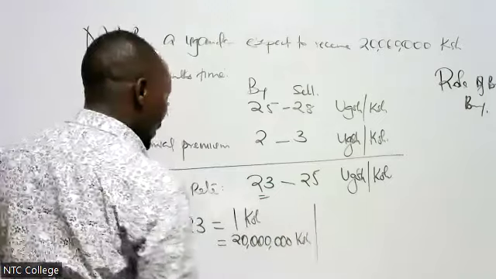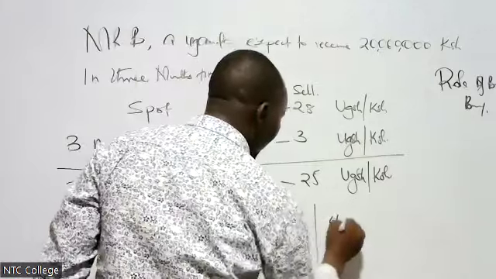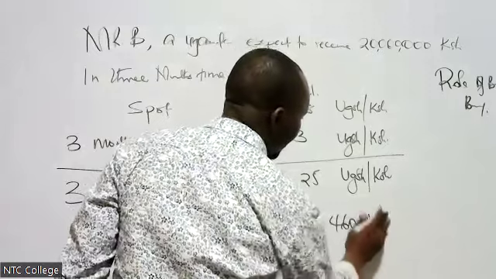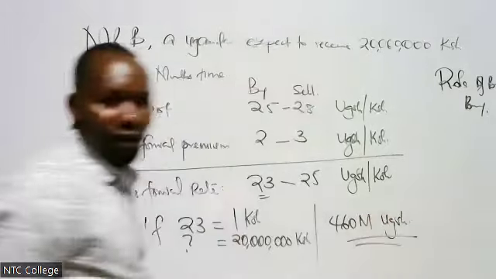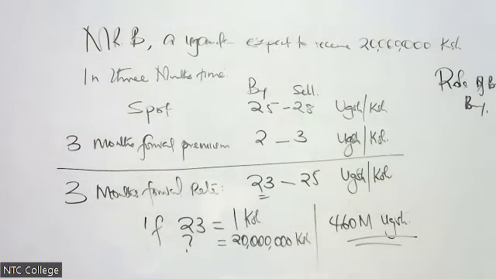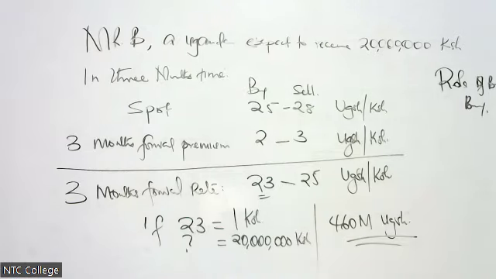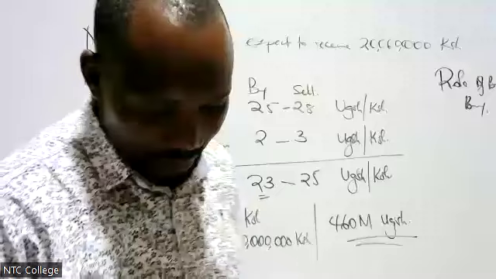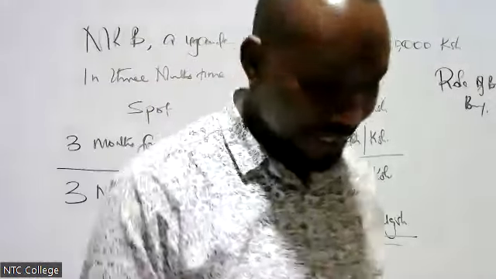So you use cross multiplication, this times this, all over this. So we're going to have 460 million Ugandan shillings. Is it right? This times this, all over this. 460 million.